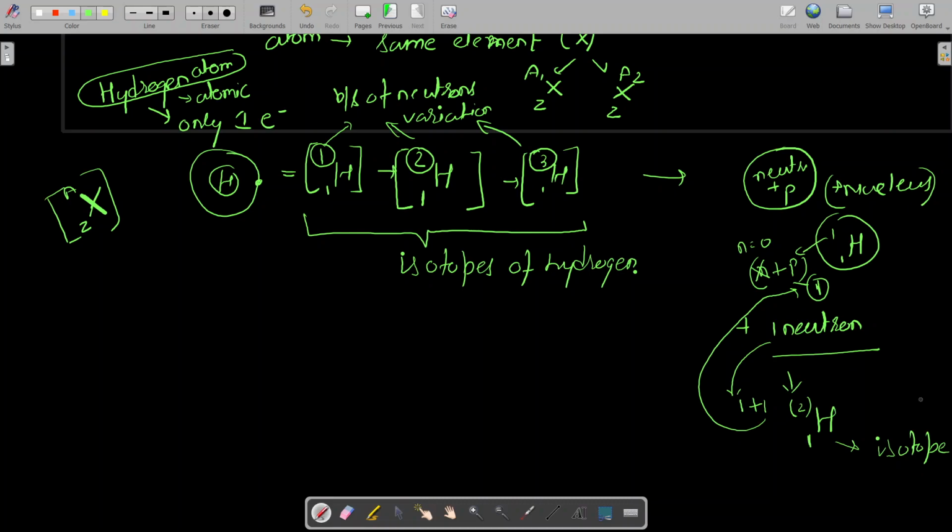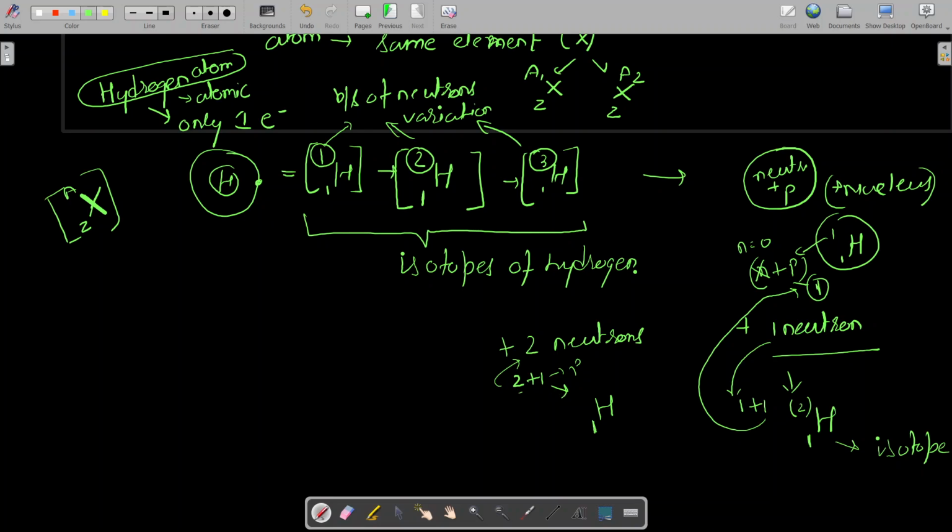Hopefully you understand. Again, the same, if we are adding 2 neutrons, it will be 2 plus 1. 1 is your proton and 2 is the 2 neutrons. Now in case of hydrogen, only the atomic number is 1 because the proton is always 1.